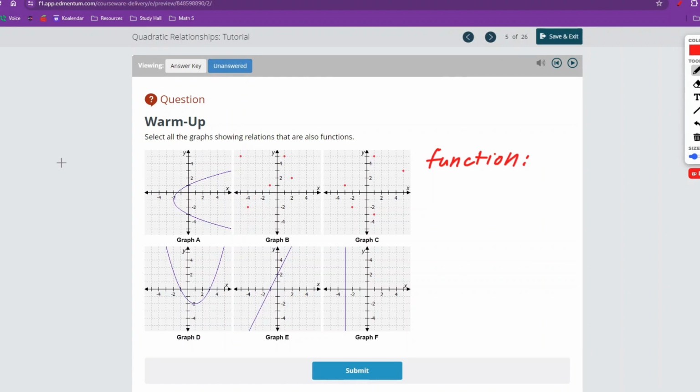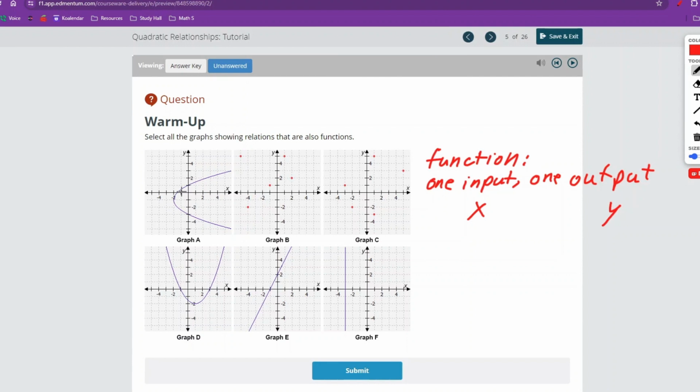And a function is a relation that has, for every one input, you have one output. Or, in other words, because we generally refer to our x as our input, for every one x value, there's only one y value.